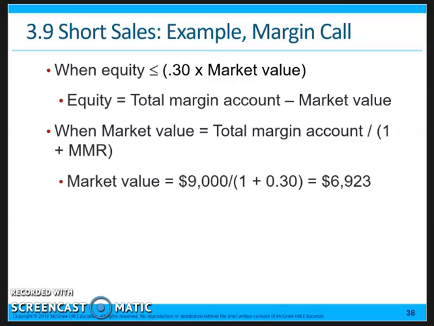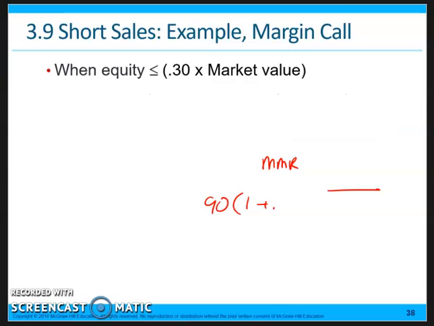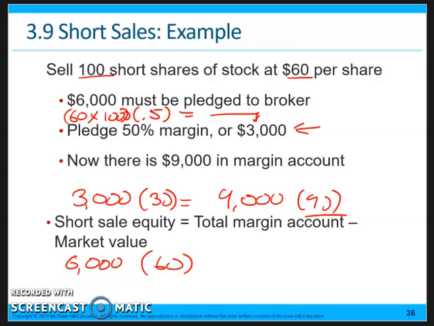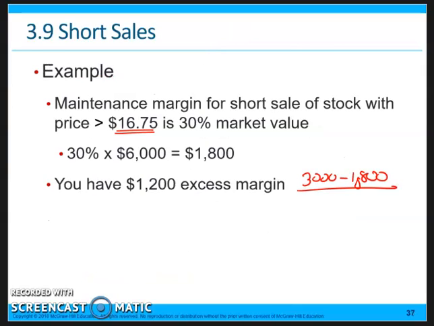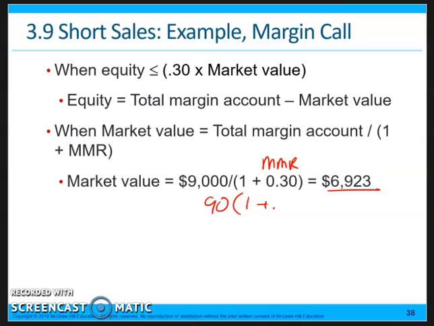The book's method: 9,000 divided by 1 plus the maintenance margin requirement, which is 1.3, gives $6,923. Or using the share price, 90 divided by 1.3, so that would be a share price of $69.23.